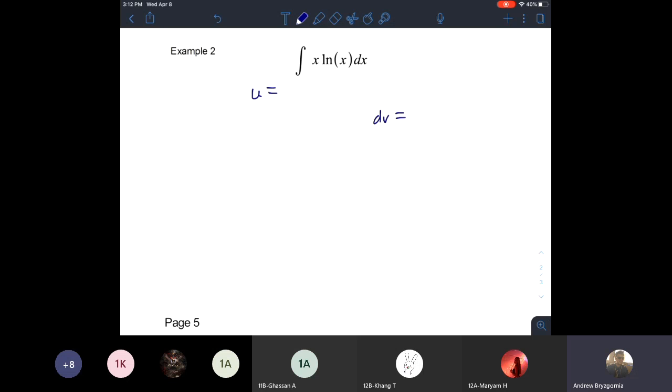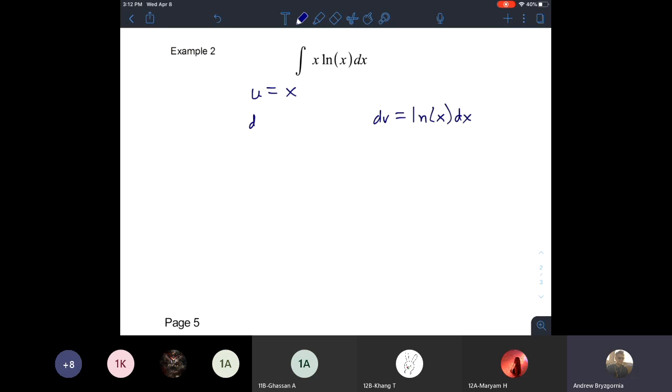Instead of giving you an easy one, I've taught you how to do this, and now all of a sudden I'm like, oh, by the way, I'm going to trick you. Initially, you would probably look at this and say, oh, well, in the last question, u was equal to x, so let's just do that. That means dv has to be natural log of x, and we're on our way.